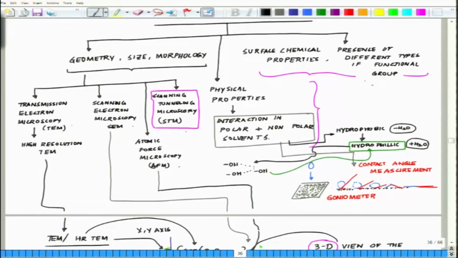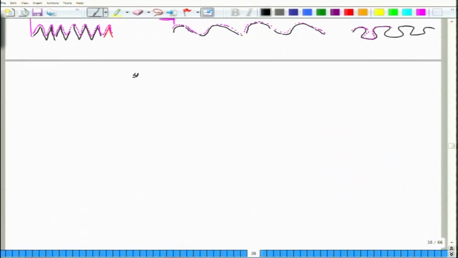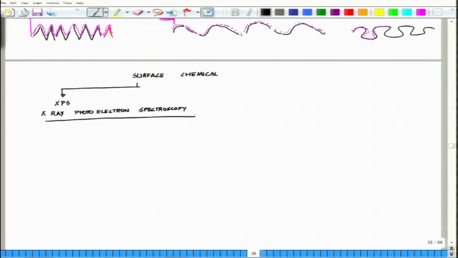After the physical ones, the major surface chemical technique, which is used in all surface analysis, is called XPS, essentially X-ray photoelectron spectroscopy. The fundamental of X-ray photoelectron spectroscopy is fairly simple.